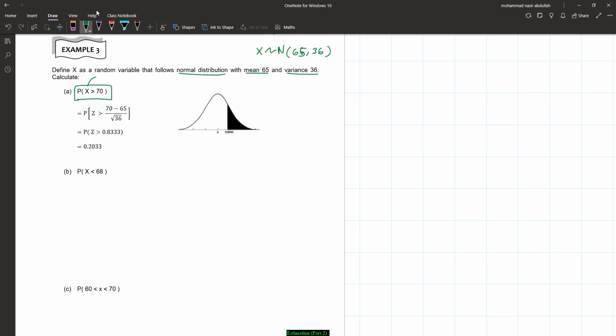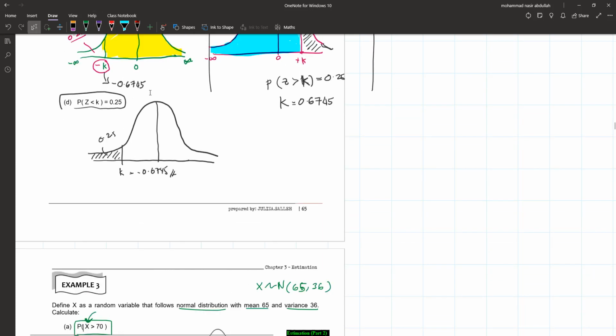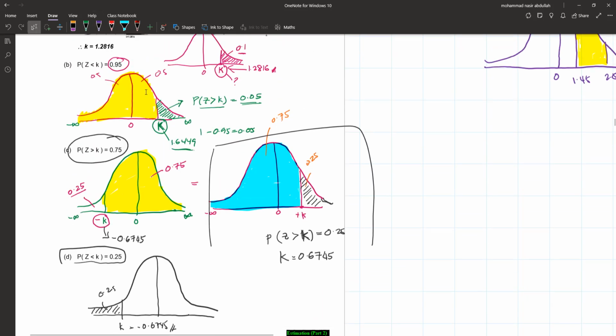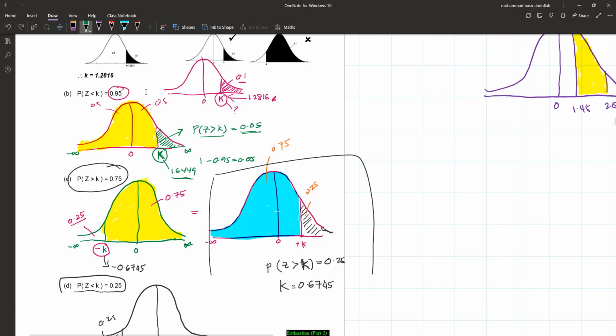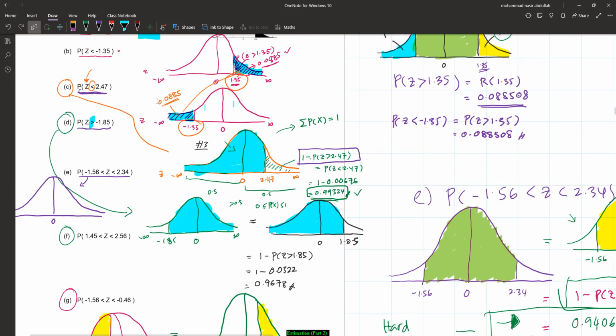Now if you want to find the probability of x more than 70, remember to look at the notation here. They use the symbol x, not z like yesterday. Example number 2 was probability of z less than k, and example number 1 was probability of z less than negative 1.35. So they used the z symbol.